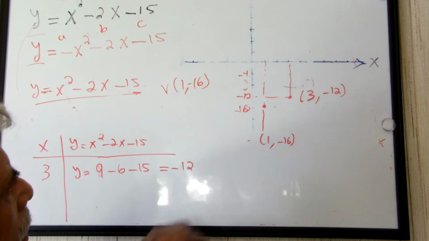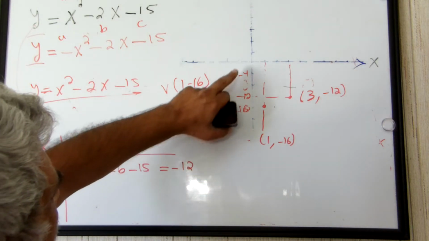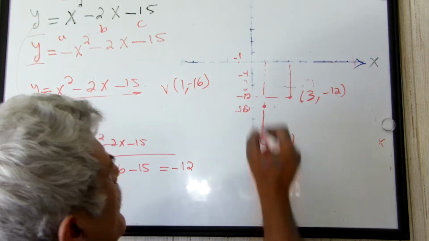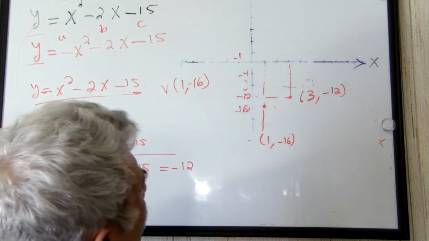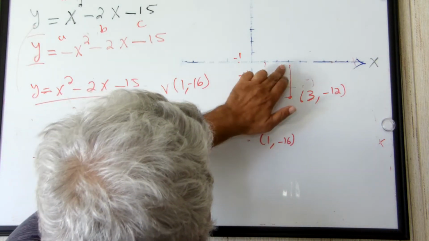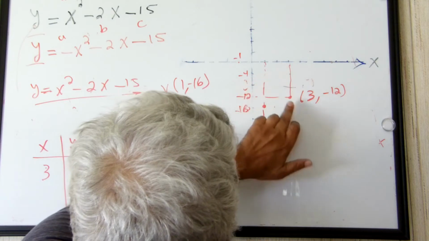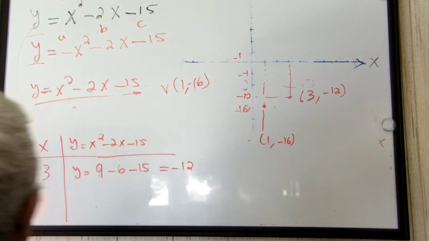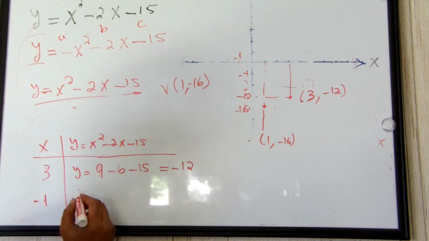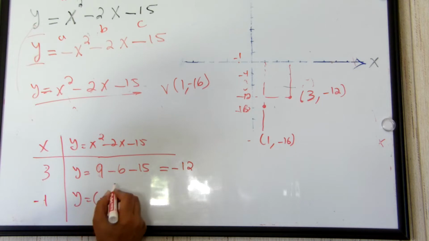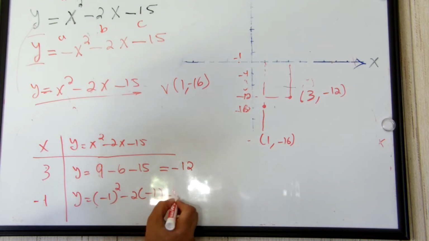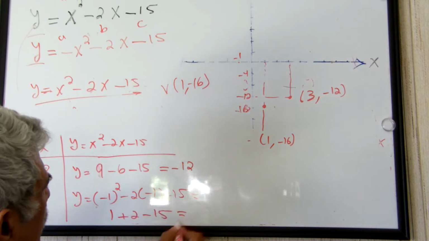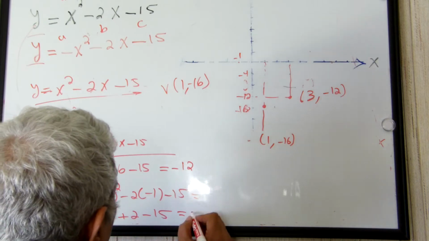And then we find another point. Suppose we went two units this way from x equal to 3. Now it's going to be minus 1. What is y at minus 1? Minus 1 to the power of 2, minus 2 times minus 1, minus 15 is 1 plus 2 minus 15, which is minus 12.